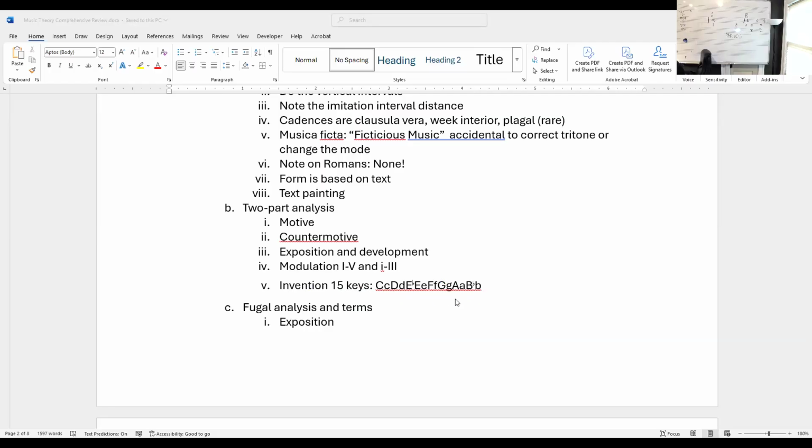C major, C minor, D major, D minor, E flat, E major, E minor, F major, F minor, G major, G minor, A major, A minor, B flat, and B minor. What they're probably not going to ask you is why are they in those keys? Because that would require an essay, and they don't want to grade that stuff, quite honestly.